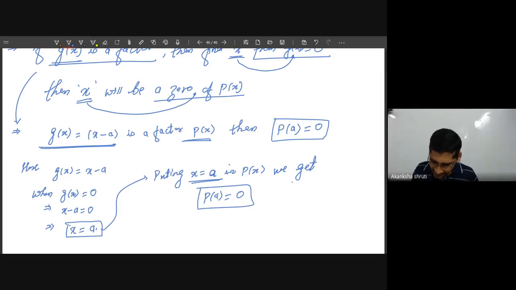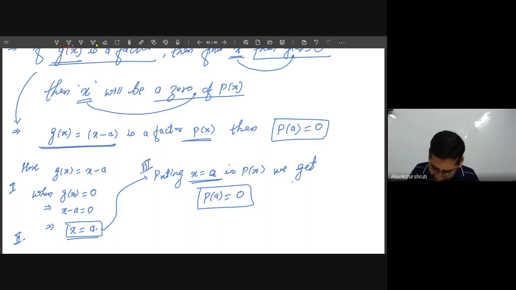So the thing is that for finding whether g(x) is a factor of p(x) or not, the very first step is to equate g(x) to 0. Then you will calculate the value of x. This is the second step. Afterward, you will put the value of x in p(x).